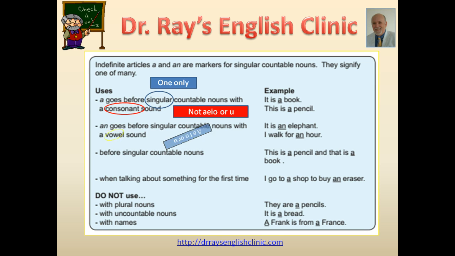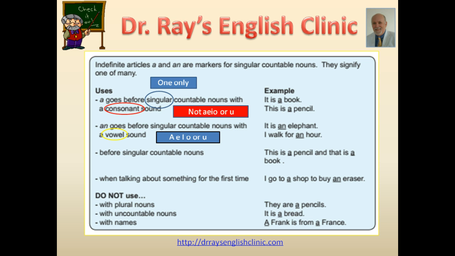Now, a vowel is one of the letters A, E, I, O, and U. So, if the noun, we'll talk about what a noun is shortly, begins with a sound like A, E, I, O, U, it is therefore a vowel sound, and if it's a singular thing, we have to use an. It sounds quite strange to say a elephant, right? So it's an elephant, so it sounds good. It is an elephant.